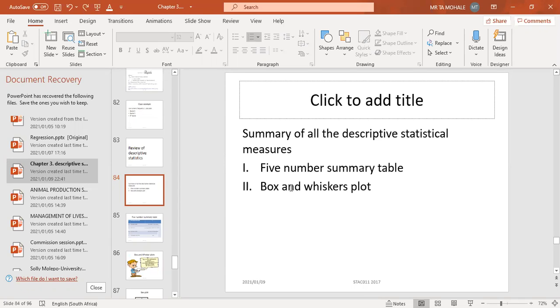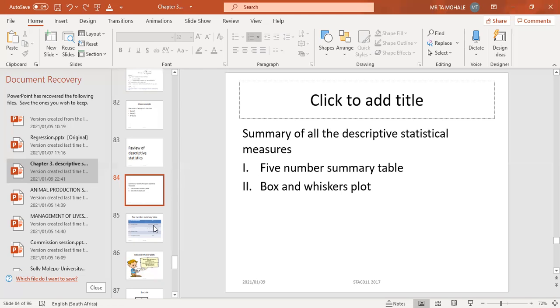You cannot identify those without drawing the box and whiskers plot. So you need to know how to draw it and how to calculate the fences, the inner fences and the outer fences, the lower and the upper fences.